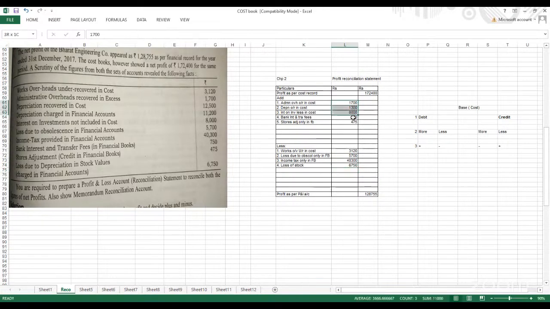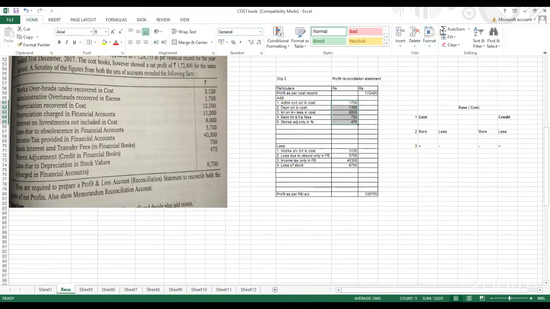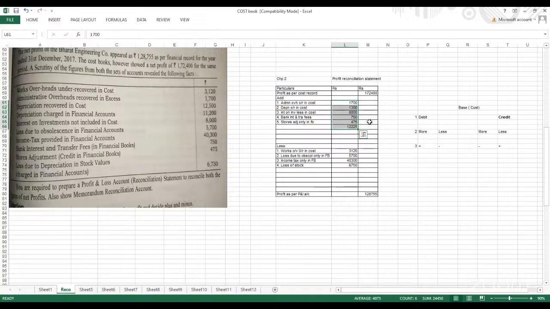Okay, so add these items. So 1,222,5. Just underline and I'll add these two above total. 172,400 plus this figure. Now we will subtract this, the heading says less, so we will minus.